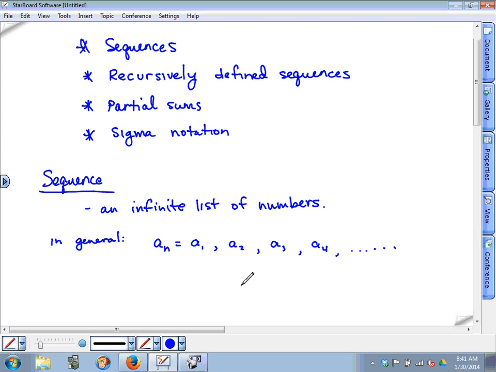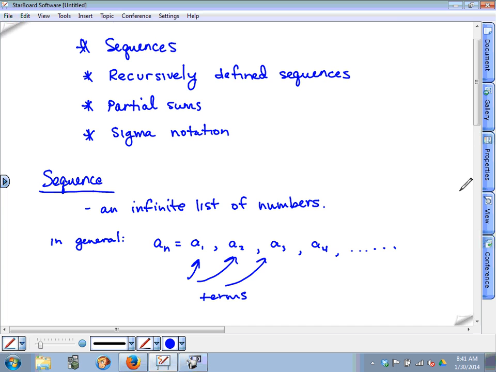Where a sub 1, a sub 2, a sub 3, a sub 4 just represent the numbers of the sequence. These are all called the terms. The individual numbers of a sequence are called its terms. Okay?